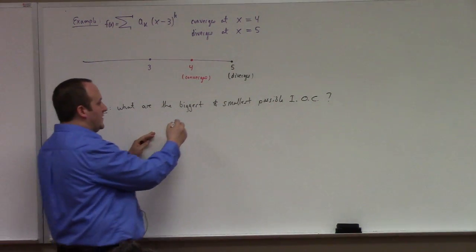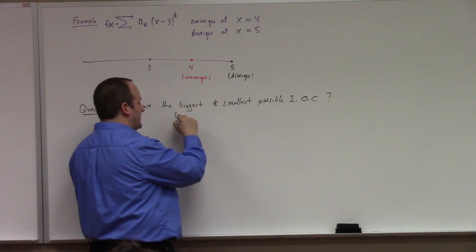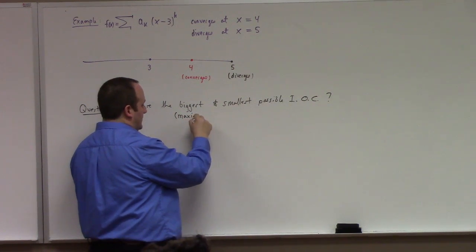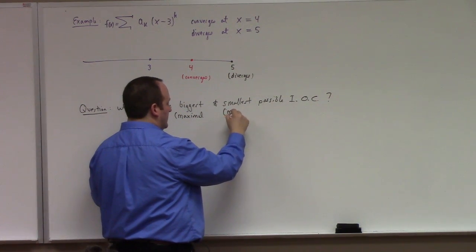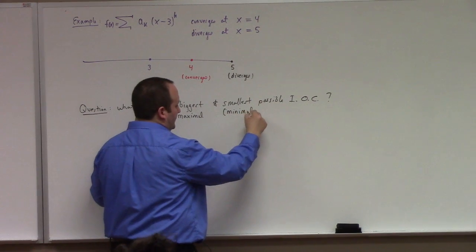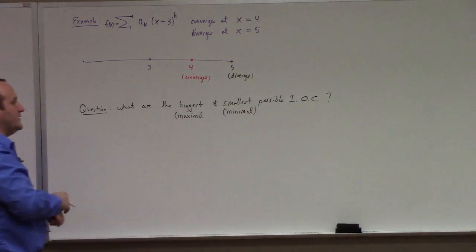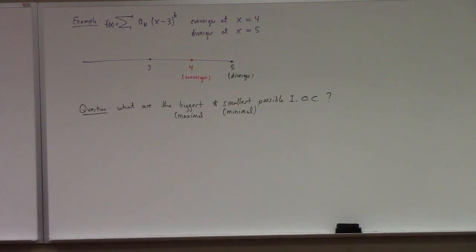So you guys tell me, now, I usually would say, more mathematically, this is called the maximal, and this is called the minimal IOCs, intervals of convergence. So what's the minimal IOC? What's the smallest it could be? Let me first of all add some counterpoints over here.